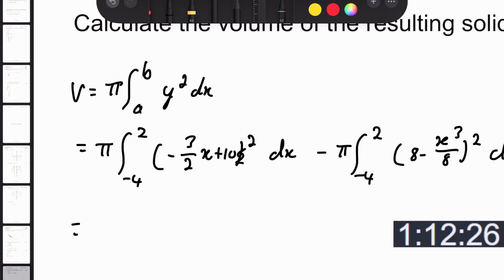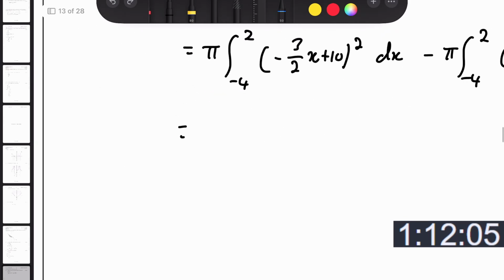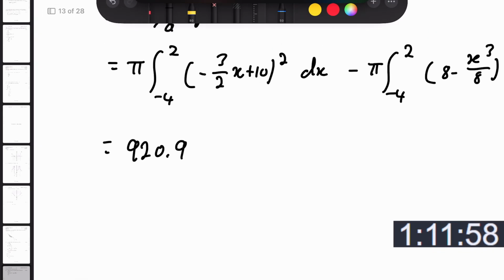But no, I'm pretty sure I just take the volumes away from each other. dx minus 8 minus x to the power 3 on 8 dx. So I get 920.9 minus 1.94 units cubed.